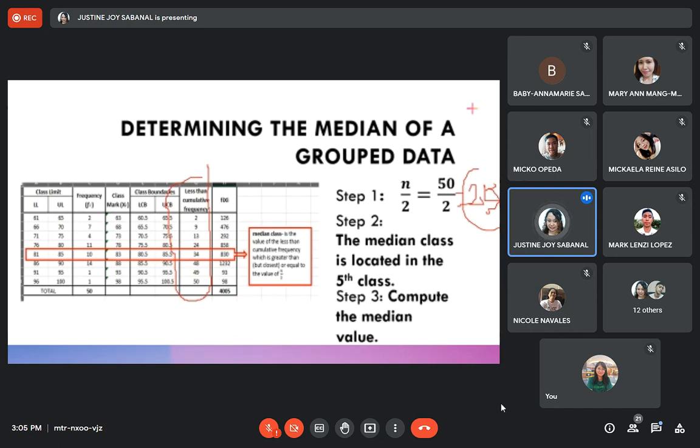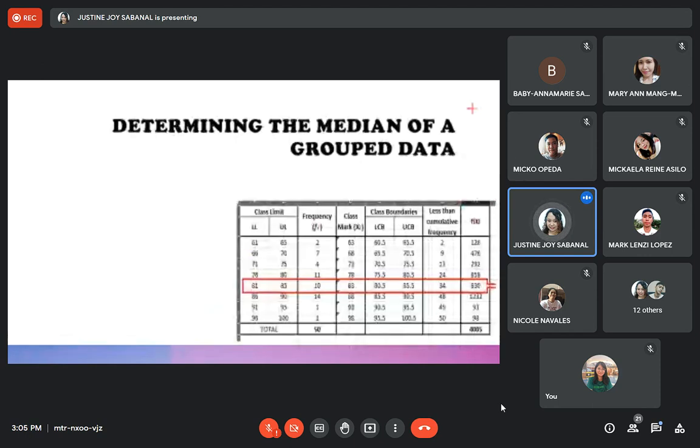So now, for the median, we have a formula: the lower class boundary of the median class plus the class size multiplied by n over 2 minus less than cumulative frequency before the median class, all over frequency of the median class.